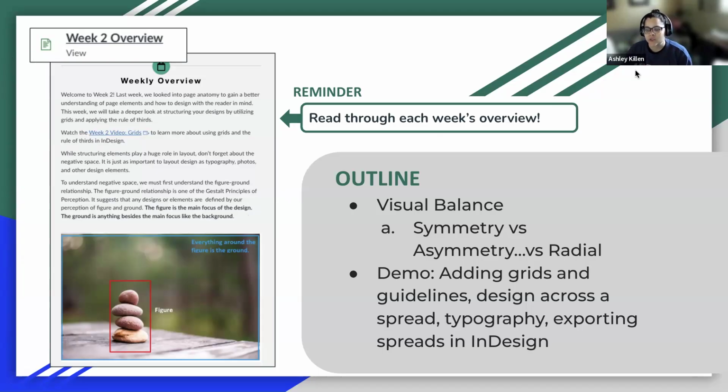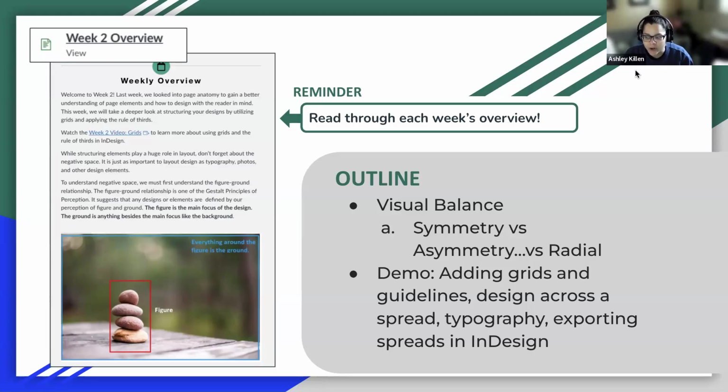Now, for this lecture, we're going to be going over visual balance. We're going to talk about symmetry versus asymmetry versus radial. And then after we are done talking about visual balance, I will open up InDesign and show you how to do a bunch of stuff. I'll go through how to add grids and guidelines again.